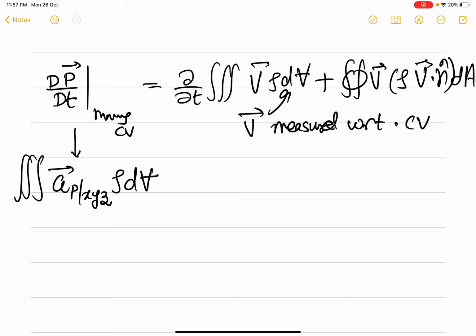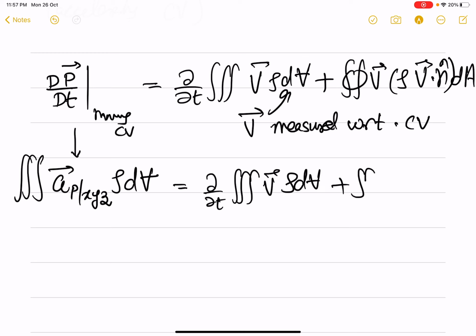So this is the rate of change of particles with respect to the moving control volume. And this is equal to d by dt of the volume integral of v rho dV plus the surface integral of v times rho v dot n dA. So this is the Reynolds transport theorem, and we can use it with respect to the moving control volume.